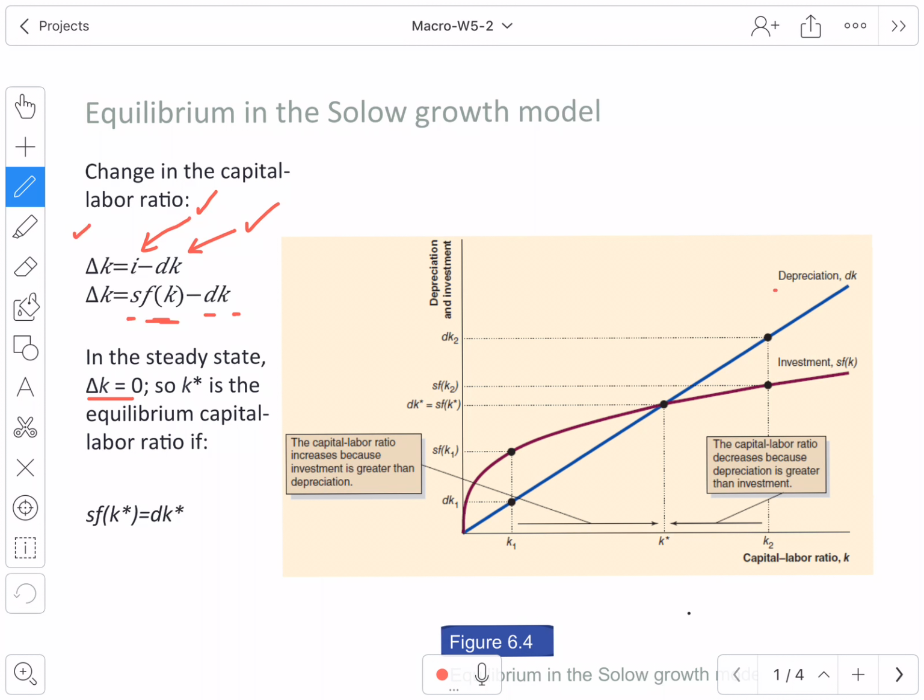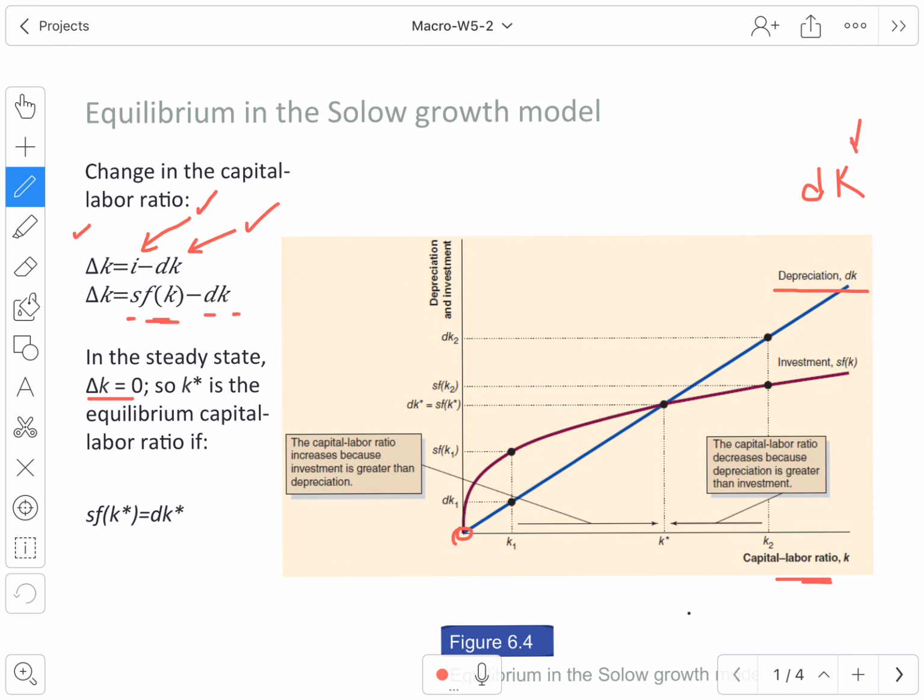So if we have the depreciation function equal to dk, it's a line that is coming from the origin, such that if the capital to labor ratio is equal to 0, then we're going to start from 0. So depreciation is dk.